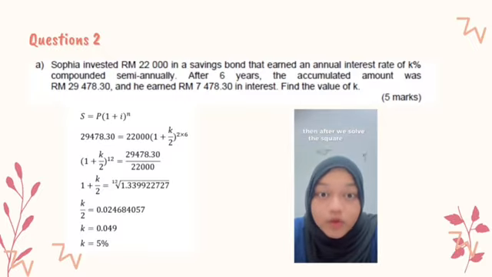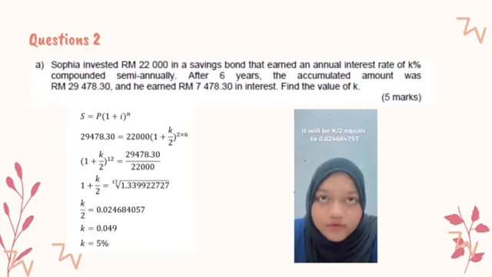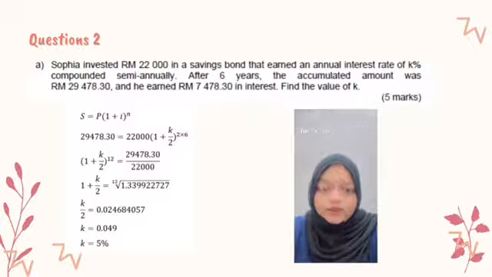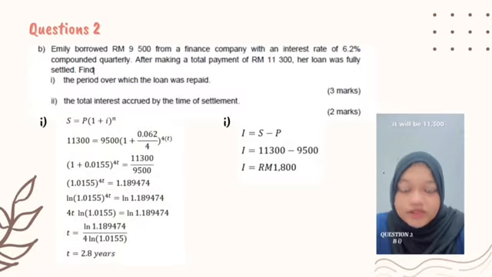After we solve the root, k/2 = 0.0246847757. We need to multiply by 2, and the answer is k = 5%.